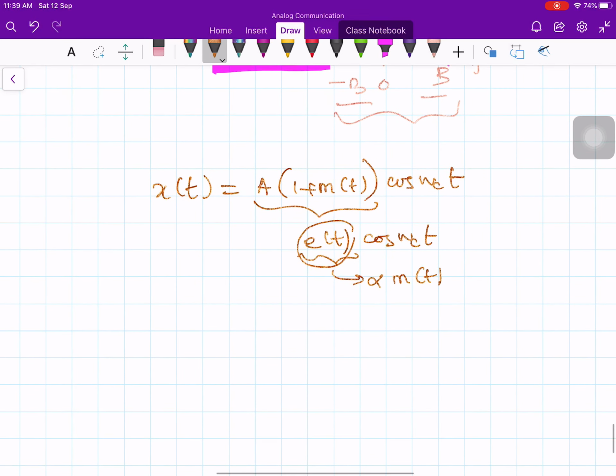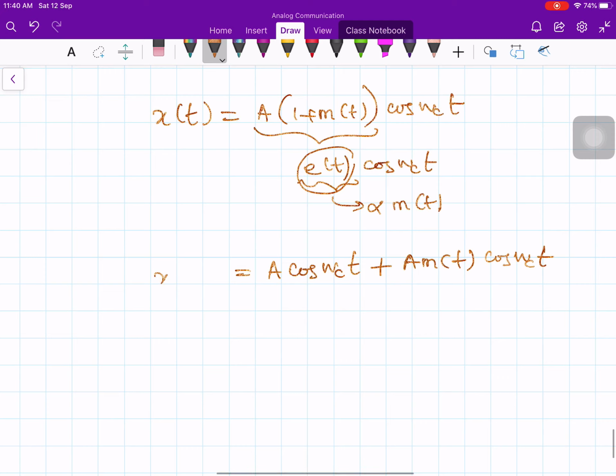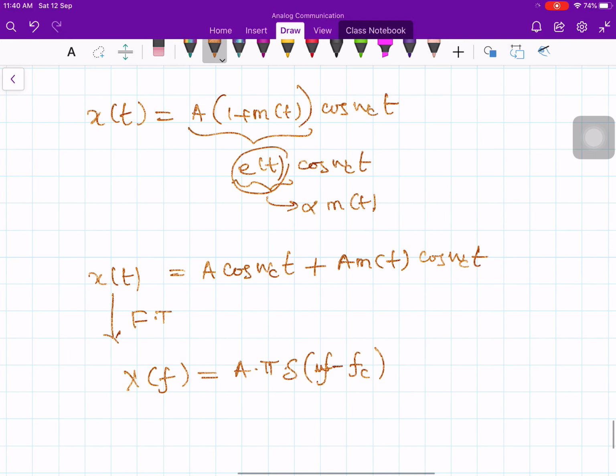Now still if you want a very explicit relation for this, then you multiply inside: A times cos omega ct plus A times m of t cos omega ct. This is my x of t. Now take the Fourier transform on both sides. X of f is equal to A times pi times delta of f minus fc plus A times pi times delta of f plus fc.